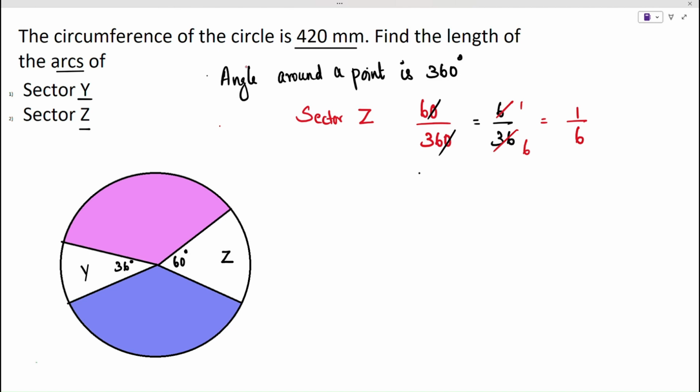Now we have our fraction 1 over 6. We can now multiply this with our circumference. So, as I've already said, each degree can be associated with a certain length of the circumference. And the 60 degrees here for sector Z represents 1/6 of the circumference. So we're going to multiply 1/6 by our circumference, which is 420 millimeters.